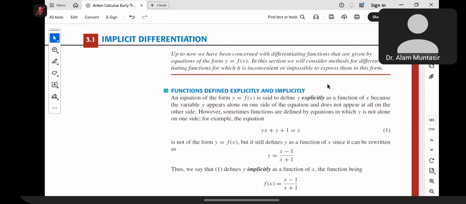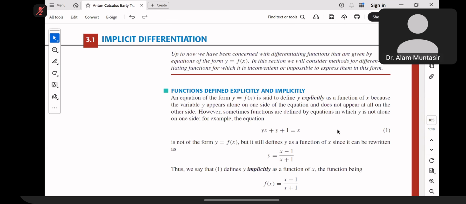Implicit differentiation means the differentiation of a function which is expressed in terms of a common input, that means a function of a given independent variable. For example, y equal to f of x, this form is known as explicit form because the function is explicitly described.